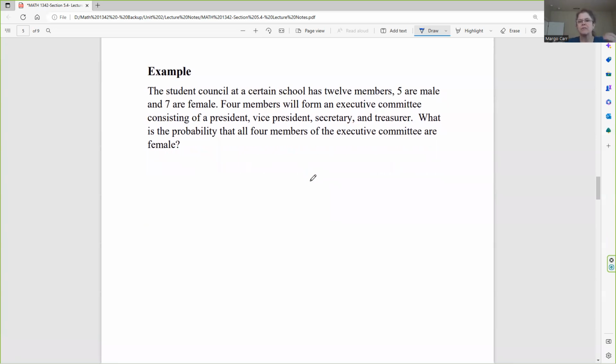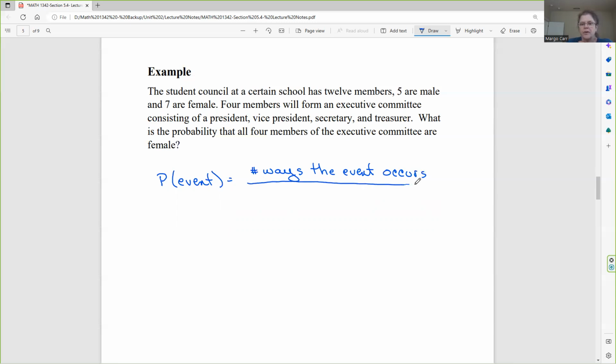So let's think about how we do probability. So probability of an event, remember, is the number of ways the event occurs over the total number of ways.